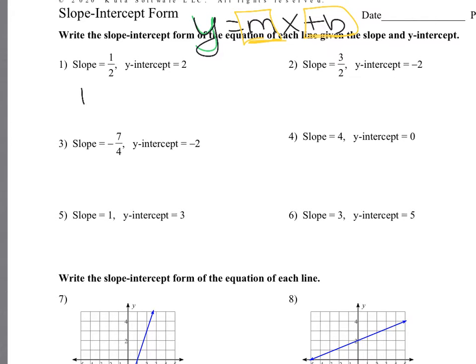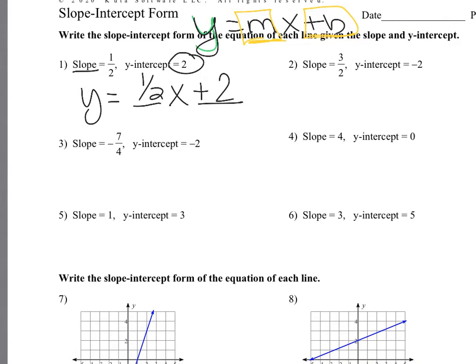I'm going to have y equals blank x blank. Slope goes where the m is, so 1/2. And then the y-intercept is a positive 2, so I'll put plus 2. So there's your equation. Easy peasy, easy stuff.